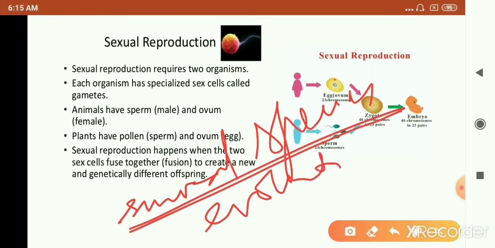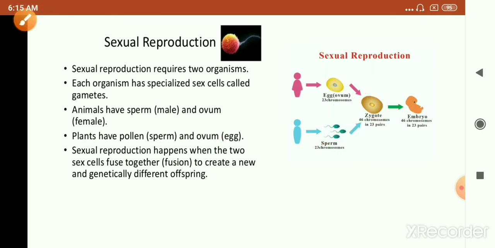Since more variations are produced in sexually reproducing organisms, the process is very important for evolution to occur. It also gives individuality to the organisms. We are able to identify each other because of the variations that we have, right? So these are all the advantages of sexual reproduction over asexual reproduction.